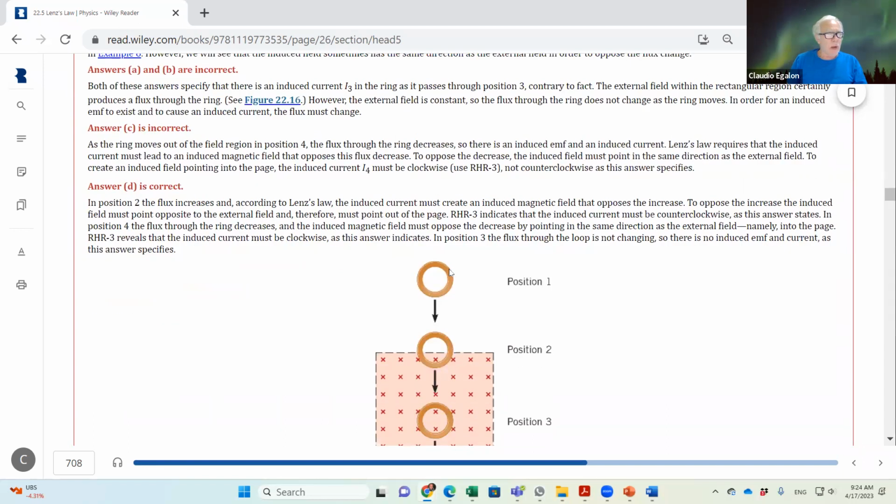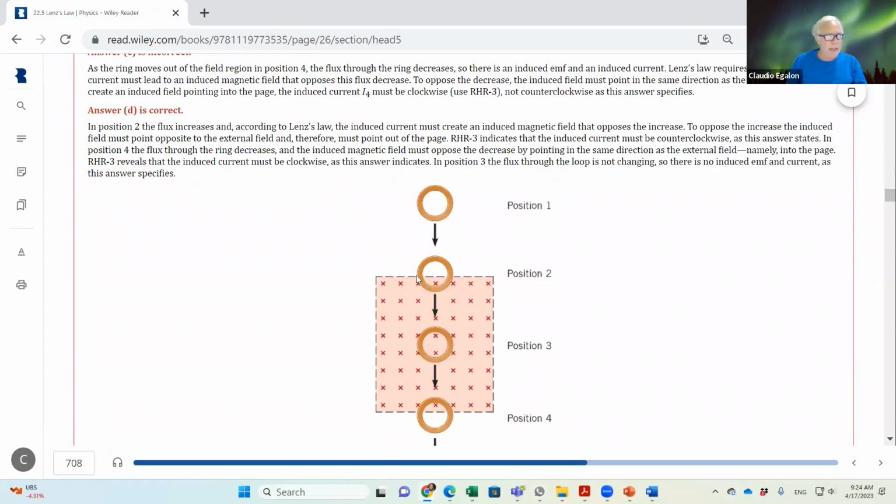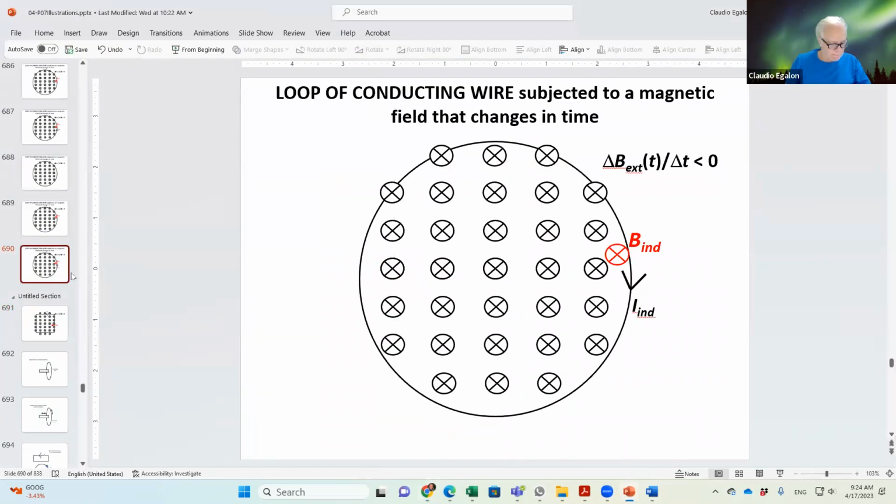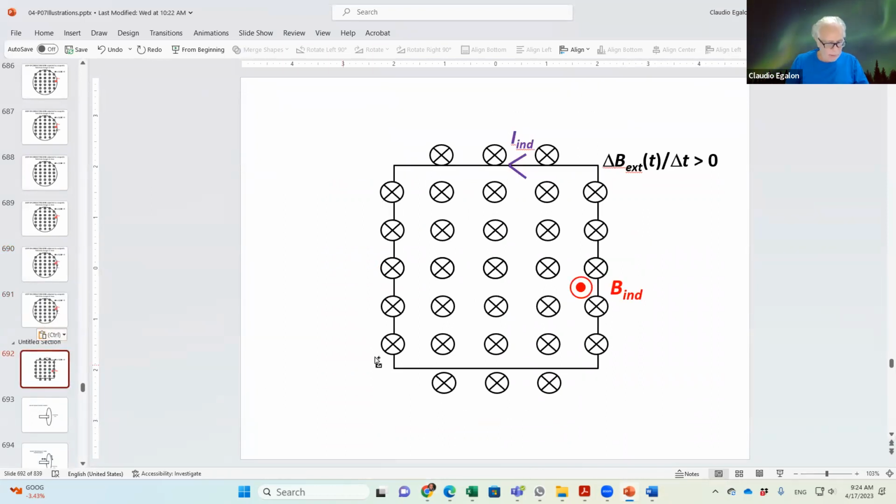Okay, from position 1 to position 2, what do we have? We have this area here. We have the magnetic flux changing, right? Let's make a drawing here so you understand what's going on.